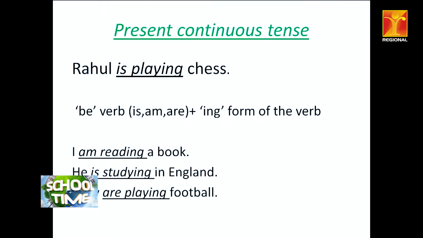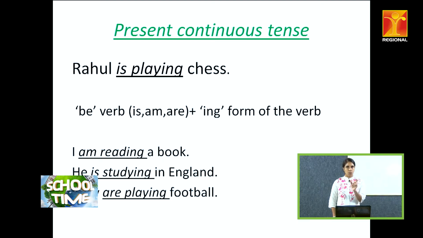Next, present continuous tense or present progressive tense. Rahul is playing chess. It is a sentence written in present continuous tense. Note the change in the verb. There occurred a change in the form of the verb.